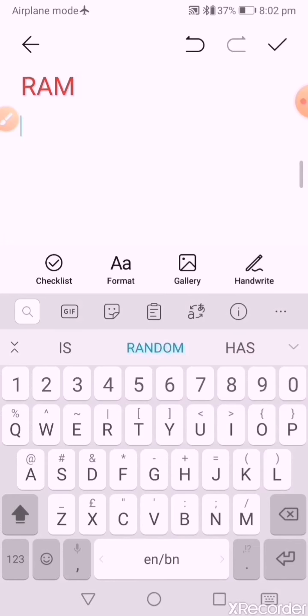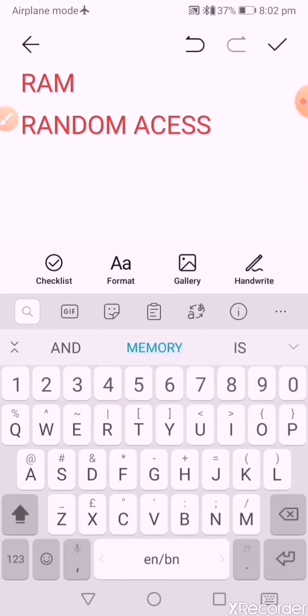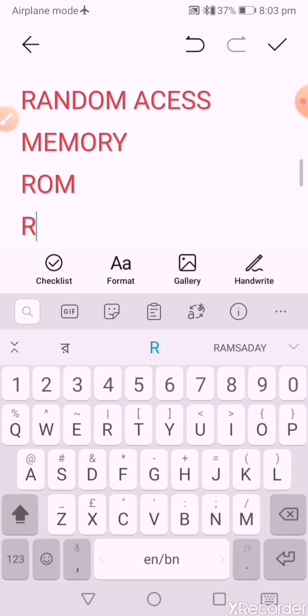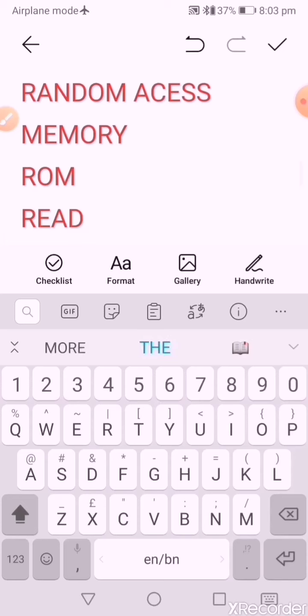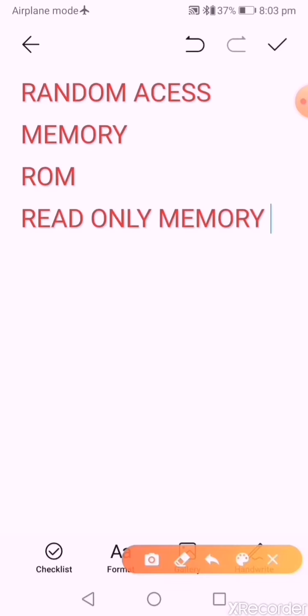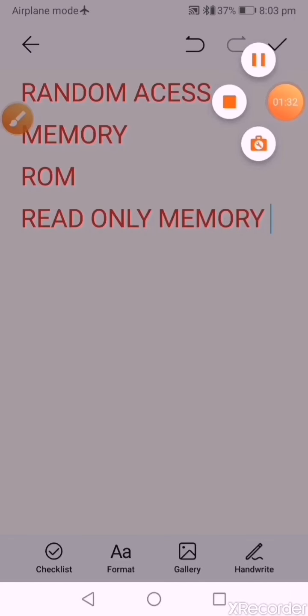So random access memory is RAM, read only memory is ROM.